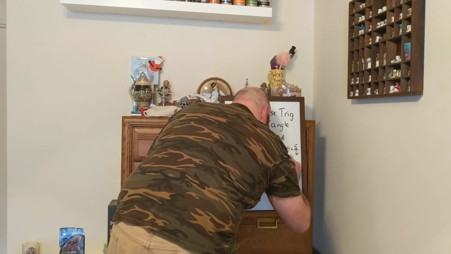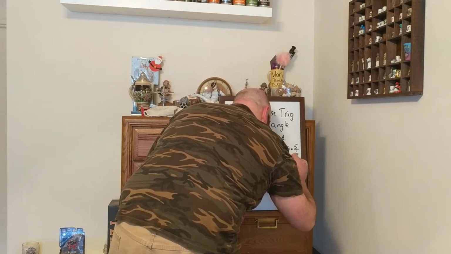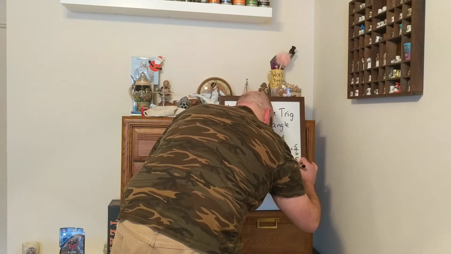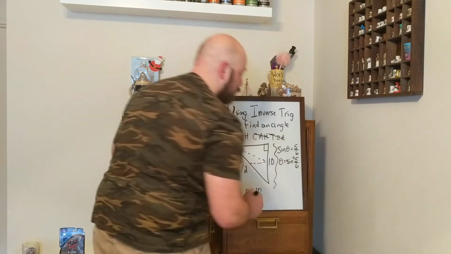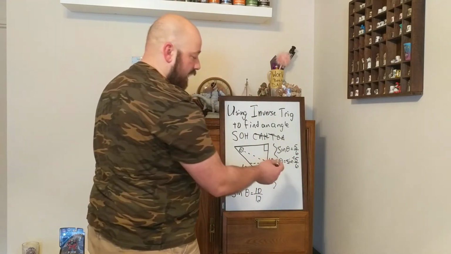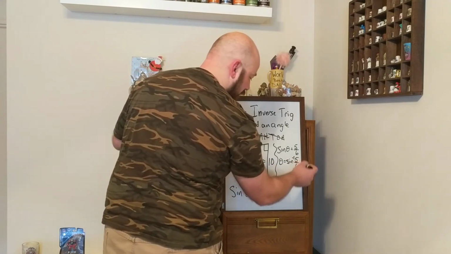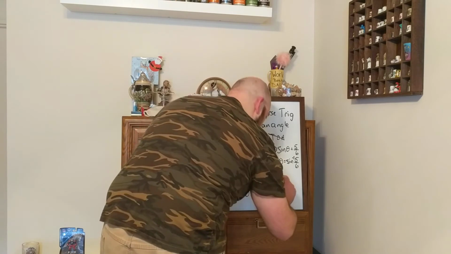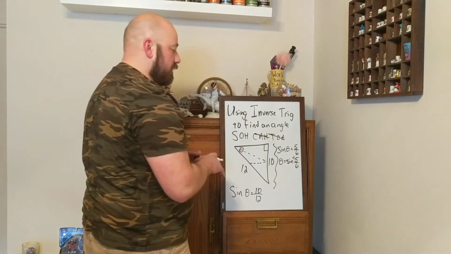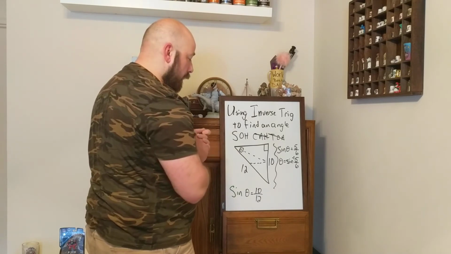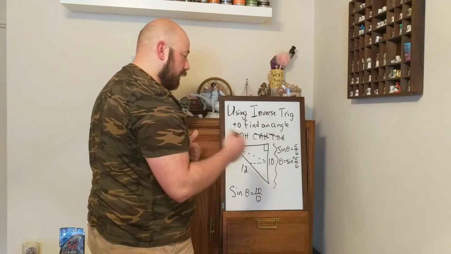So theta is going to equal the inverse sine of 5/6. This is going to be an exact answer. That's sine to the -1, the inverse sine of 5/6. You can list this either in degrees or radians, depending on how you want to do it, and that's just a matter of putting it in a calculator.